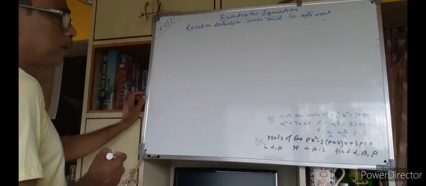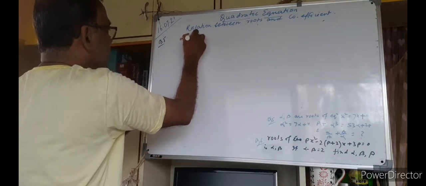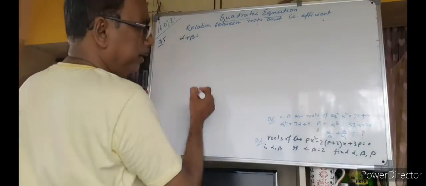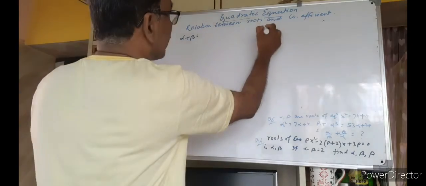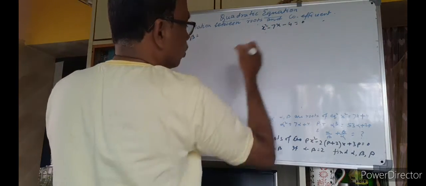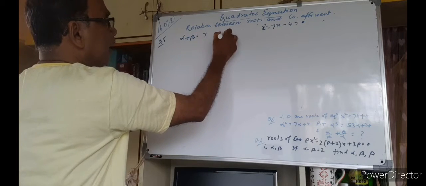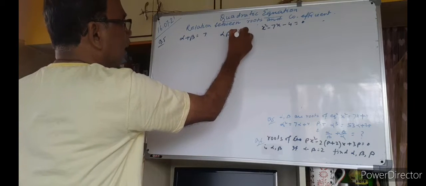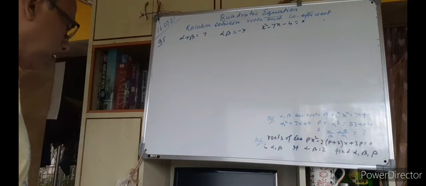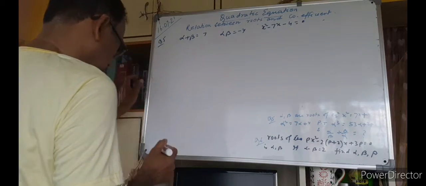Alpha plus beta, we can write x square minus 7x minus 4 equals 0, standard form. Alpha plus beta is 7 and alpha beta is minus 4.